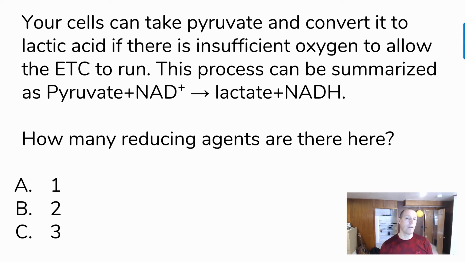So we're going to look at the left side of the equation with the reactants. Those are the only things that can be acting as an agent. So pyruvate here is giving the electrons to NAD+. That makes pyruvate a reducing agent. So there's one. Now the only other molecule on that side of the equation is NAD+, and NAD+ is receiving electrons. So that's an oxidizing agent. So there's only one reducing agent here. So that's one. The answer is A.